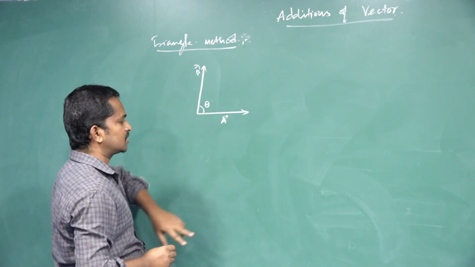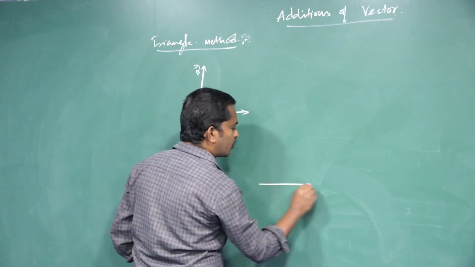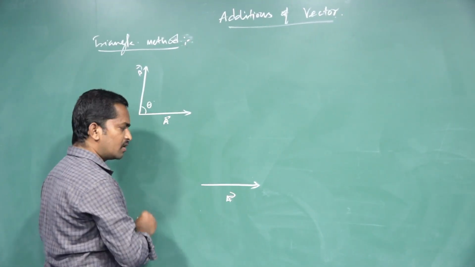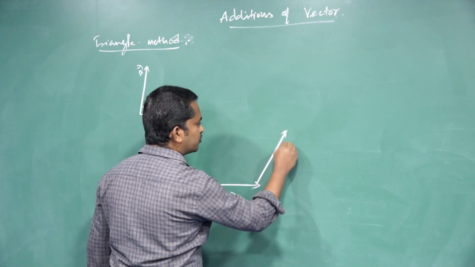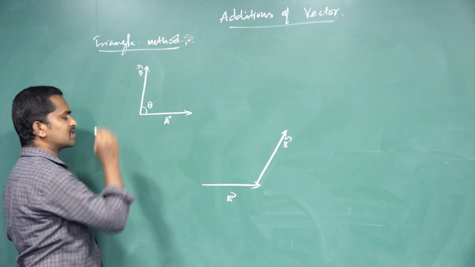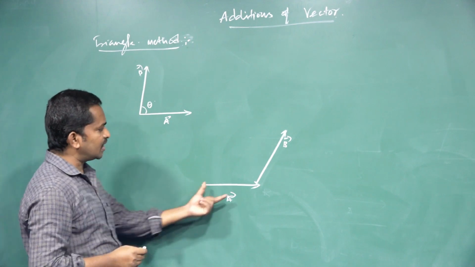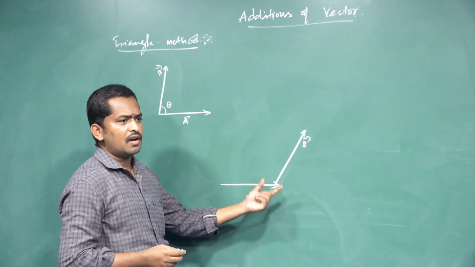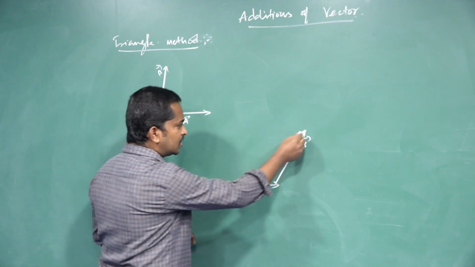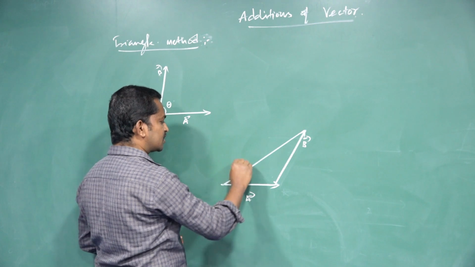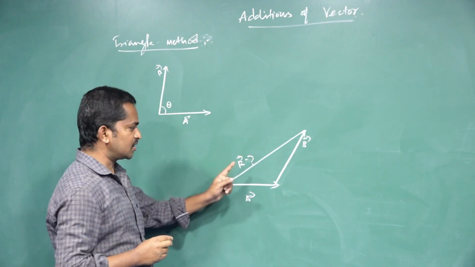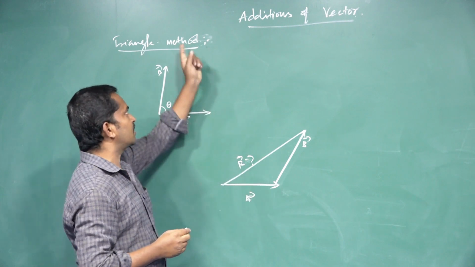If two vectors are the adjacent sides of one triangle, this is A vector and another one is B vector, and the angle between A vector and B vector is theta, then the third side of the triangle indicates the resultant vector. This is the resultant vector. This resultant vector is the third side of the triangle. This is the triangle method.